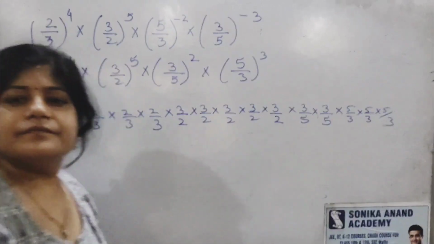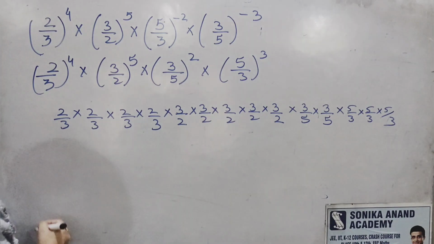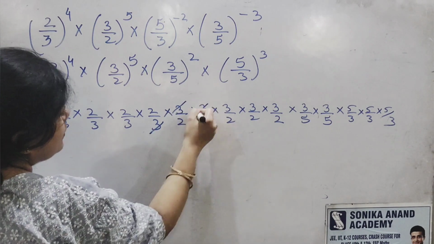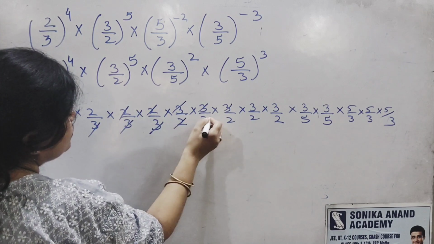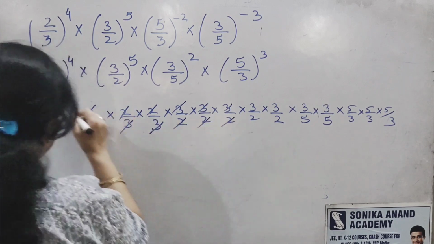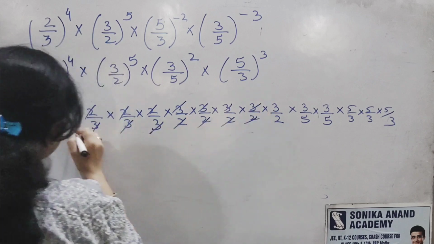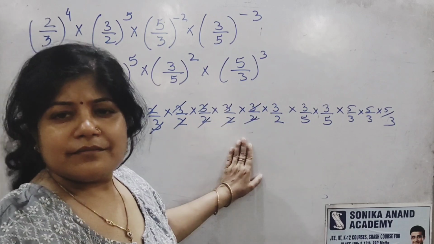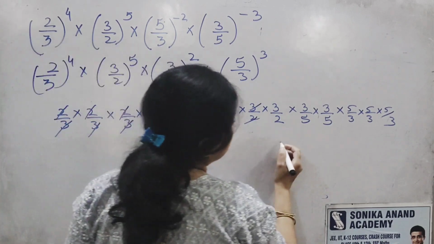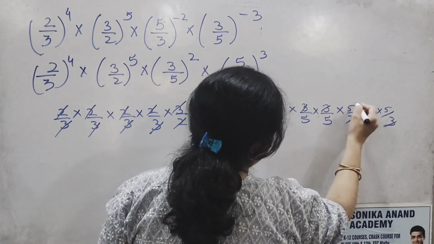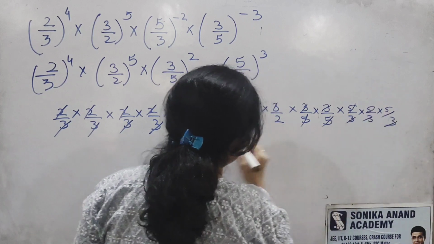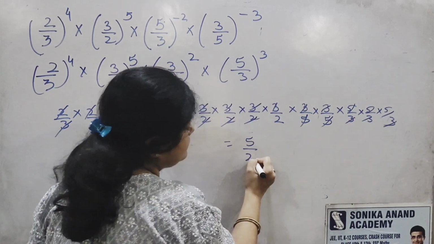Done? Now cut. 3s cut with 3s, 2s cut with 2s. Everything is cut. Now come over here. 3s cancel, 5, 5, 5 and 5. Only 5 by 2 is left.